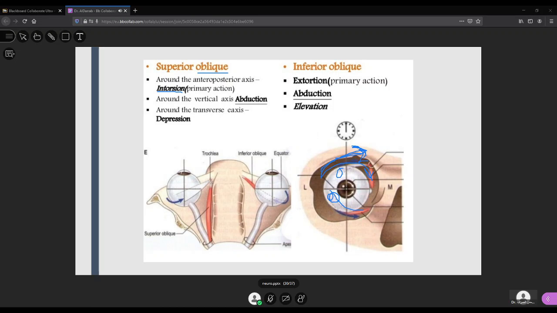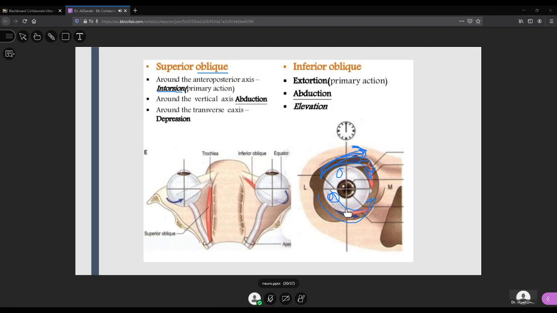Contraction means pulling, the muscle shortens, so the eye moves like this: extorsion. The eye moves outward, whereas with the superior oblique the eye moves inward: intorsion. Extorsion is the inferior oblique. This is the primary. Torsion is the primary. Don't memorize it, understand the anatomy. If you know the anatomy you should know the movement. Because anatomically the superior oblique is here, so when the muscle contracts, the eye should intort simply. The inferior oblique is here.